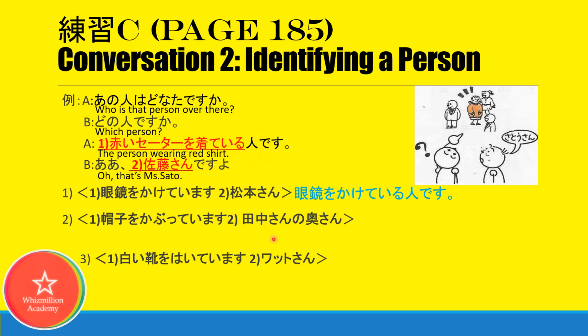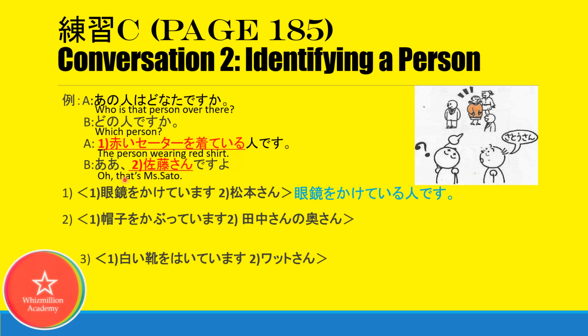Notice for all the questions 1, 2, and 3, we will modify the nouns by changing the polite form and adding a dictionary form. So this is a polite form, and then we change it to a plain form with dictionary form.